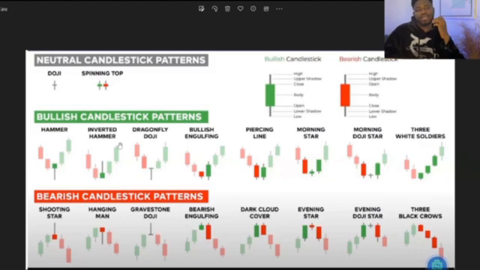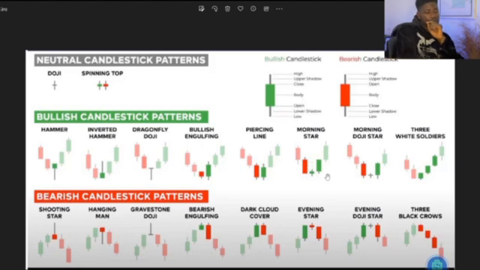When you see them on the chart, especially at an area of resistance, supply and demand zone, they are powerful. Those three candlestick patterns are this hammer and this shooting star. This hanging man is hard to see on the chart. The other one is this dragonfly doji and gravestone doji. If you find these candlesticks on the daily time frame, higher time frame, they are powerful.